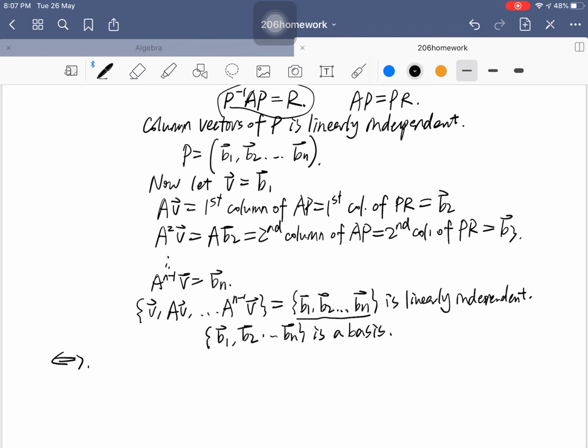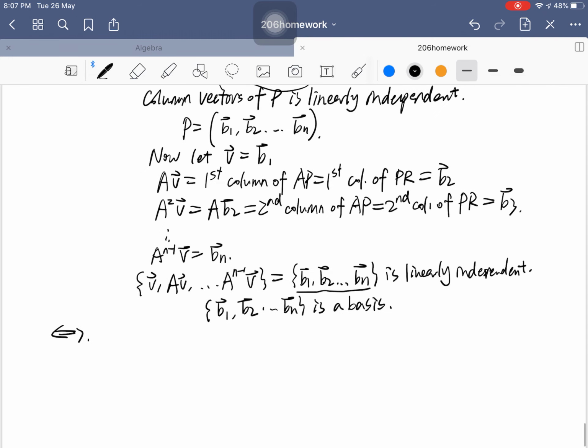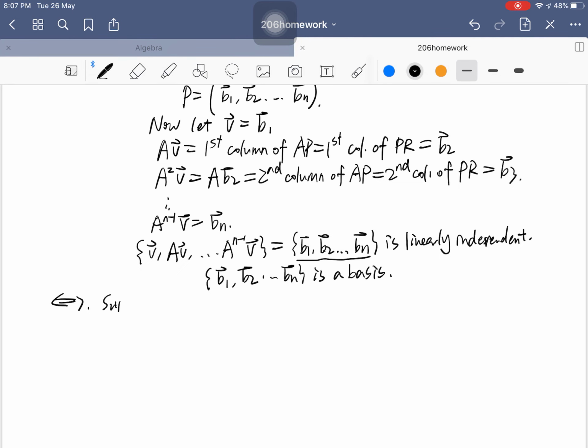Now let's suppose that there is a basis of this form. Then of course, since it is a basis, the vectors should be linearly independent.